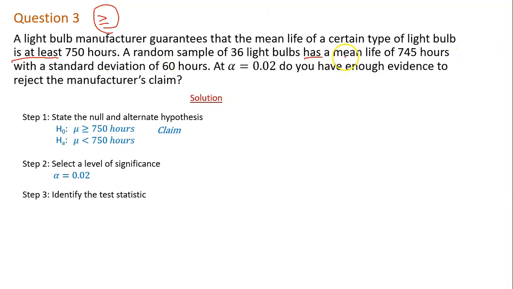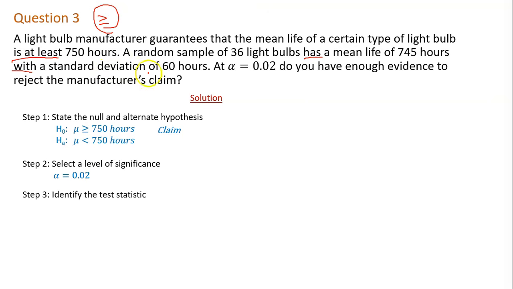So it means that this mean is referring to the sample, so it is a sample mean. But because of the word with, it means that they are both referring to one thing. Okay, the mean and the standard deviation are both referring to the same subject. So the standard deviation is also a sample standard deviation, not a population standard deviation.